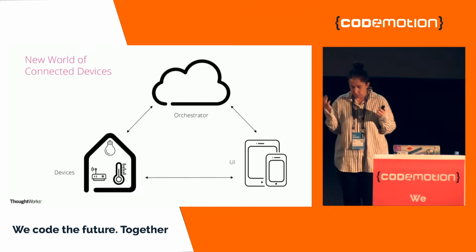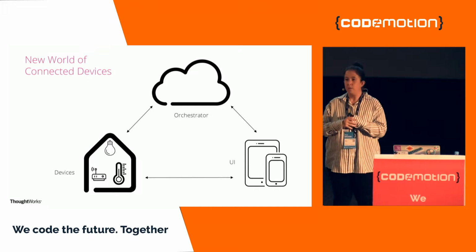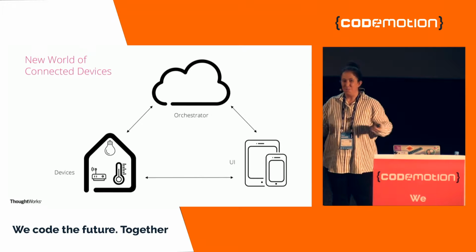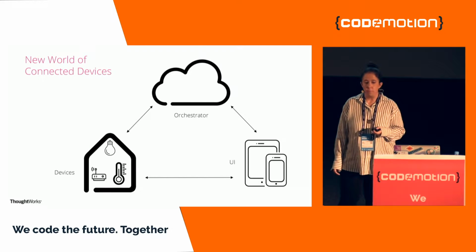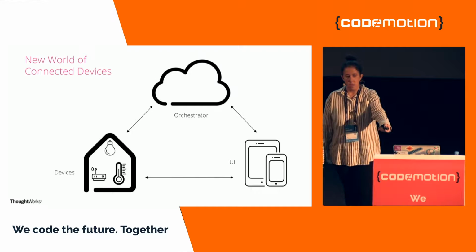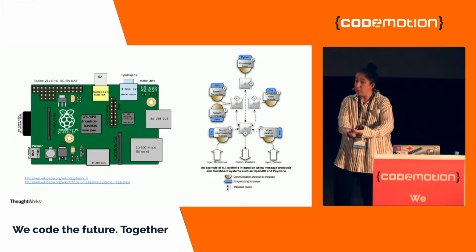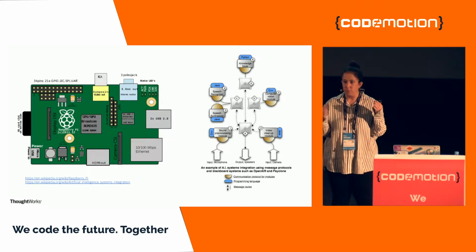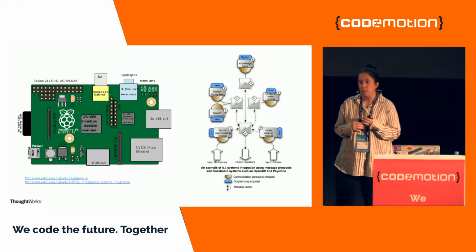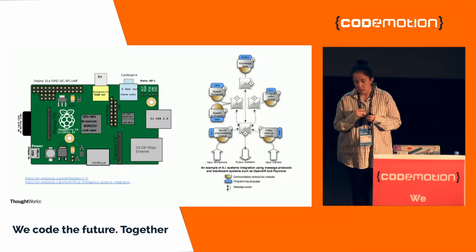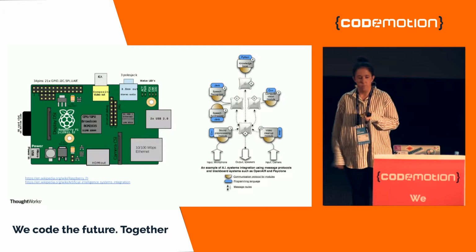Then there will be some kind of user interface, so people can actually interact with these devices. And if we talk about building the software itself, then we also need to look at the layers within that we are going to be evolving as we know more.